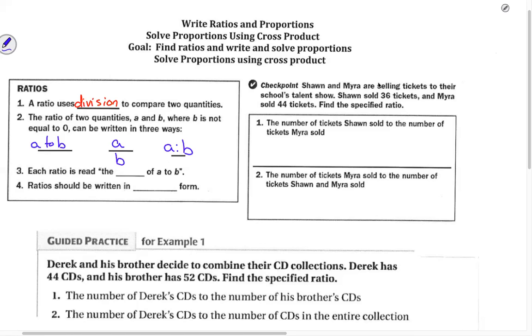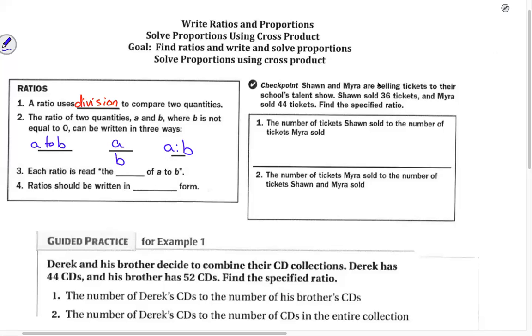I don't use the word to too much. That's typically reserved for the problems, like number 1. See the word to? When you write it out, that's how you do it. When I read them, it's all read A to B. My answers are going to be typically in these 2 formats. Got it?